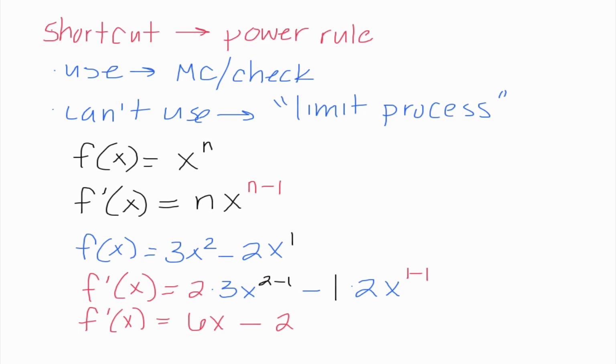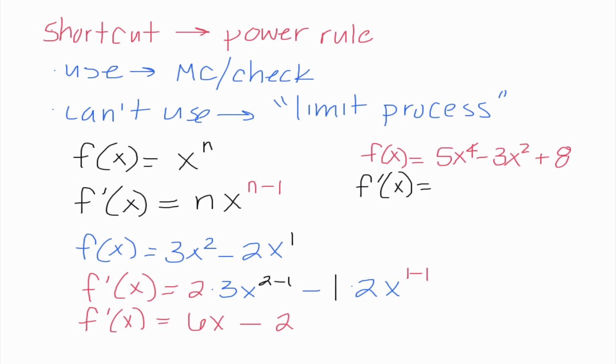Let's do another example. What if we had something like f of x equals 5x to the 4th minus 3x squared plus 8? Okay, so I'm just going to go ahead and go straight into this.